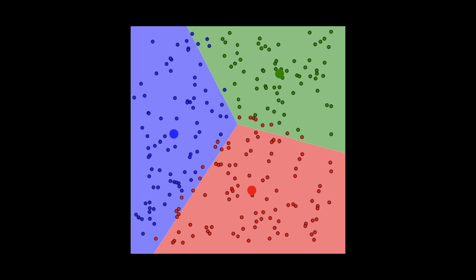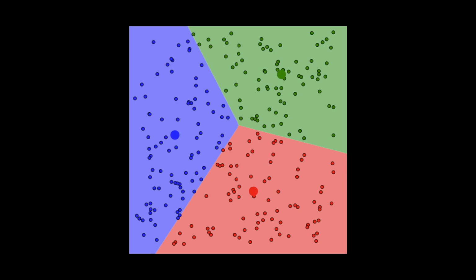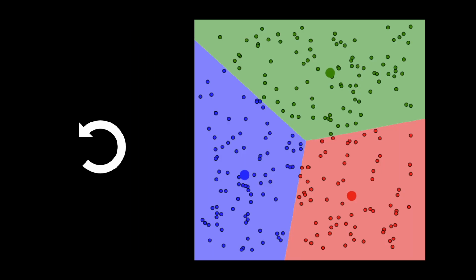In the next step, each centroid location is recalculated as the mean of all nodes assigned to its cluster. Each node is then again assigned to the cluster with the nearest centroid. This process is repeated until the centroids are not moving anymore, indicating that the optimal clusters are achieved.